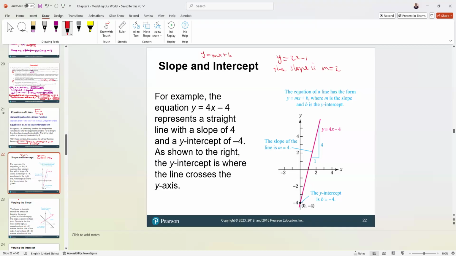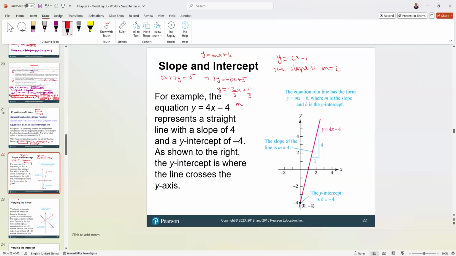But if you have something like 2x plus 3y equals 5, first of all, you need to solve for y. That means you subtract 2x from both sides. So you have 3y equals negative 2x plus 5. If you divide each term by 3, you have y equals negative 2 thirds x plus 5 over 3.